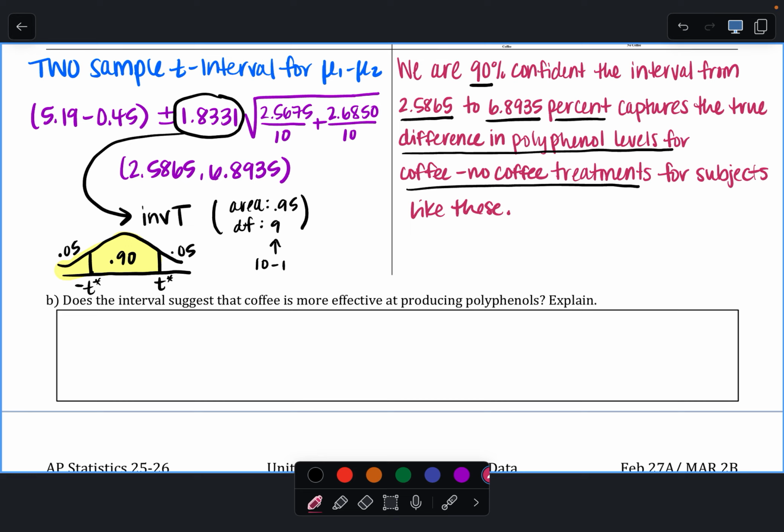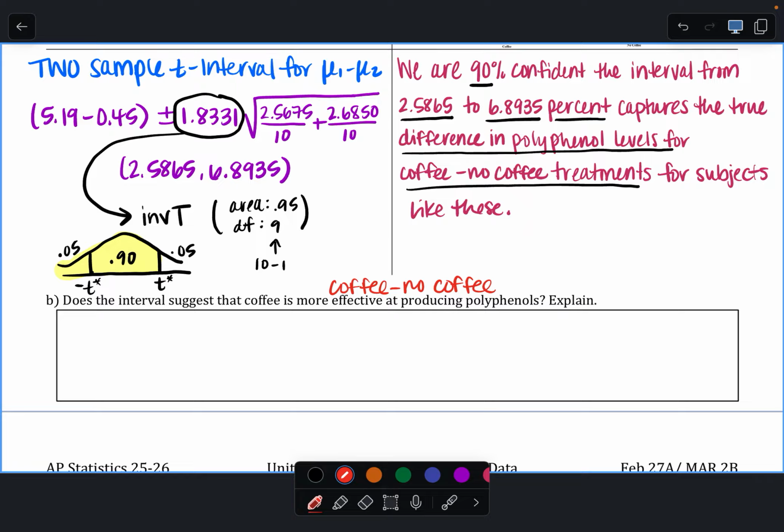Now, the reason why that is important, when I am looking at coffee minus no coffee, the last question says, does this interval suggest that coffee is more effective at producing polyphenols? Well, if I want coffee to be more effective, then I want the coffee numbers to be higher than the no coffee numbers. So remember, again, we are doing coffee minus no coffee.